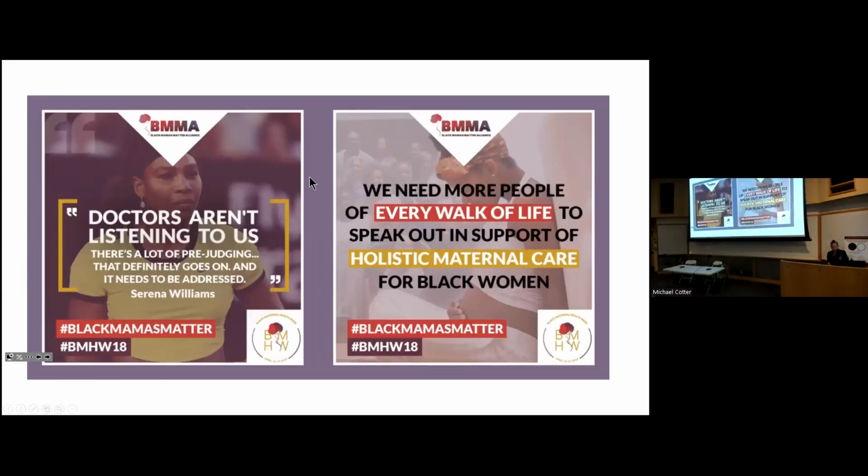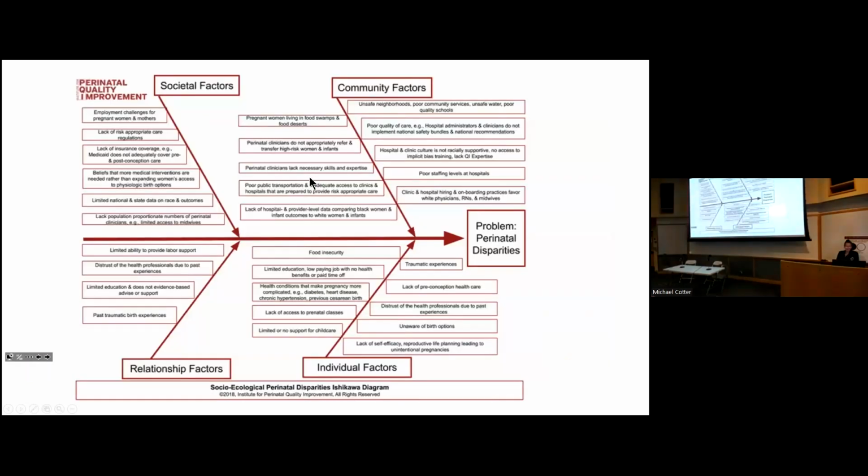These are actually two articles on the famous Serena Williams. And I think her words speak for themselves, that there is a lot of prejudging that definitely goes on and it needs to be addressed. I think it's a very powerful statement when it comes from somebody who is Black and who has the financial means to actually access the services and is experiencing similar challenges.